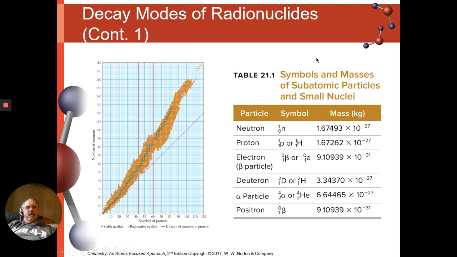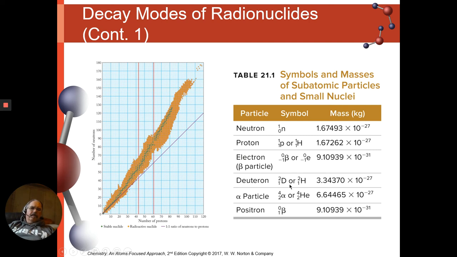Here is a summary of the various subatomic particles, their symbols and their masses. The neutron has a mass which is very similar to that of the proton, just very slightly heavier. Electrons are much smaller than protons or neutrons.